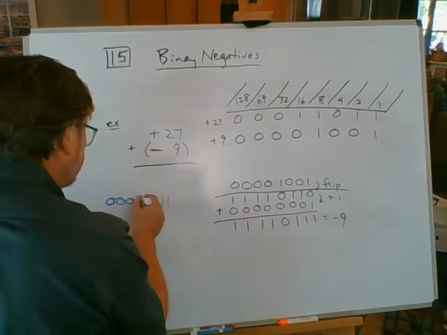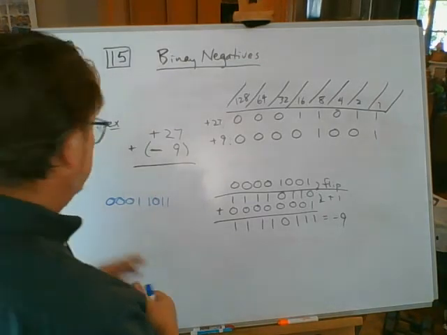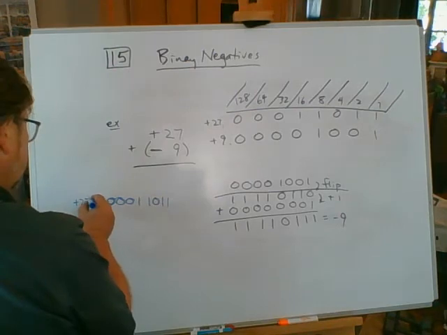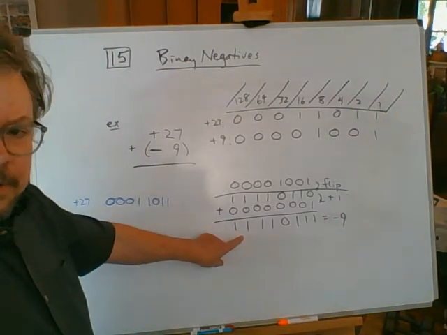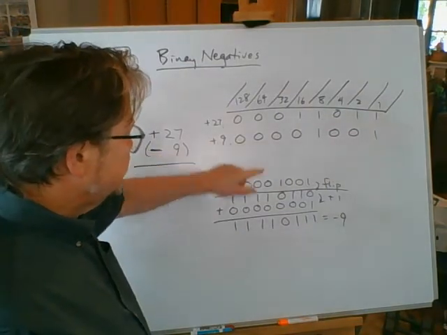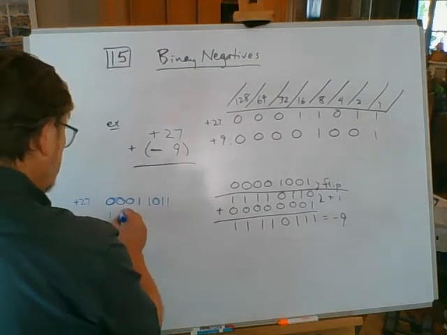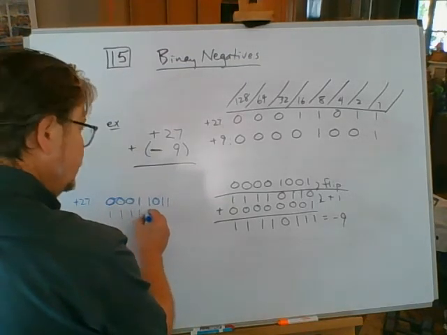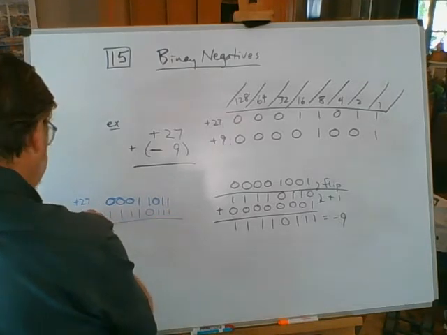That's better. There's positive 27. I'll label it as such. Here's negative 9. That's the one that caused us all the pain and suffering. To get the negative 9, remember we start with positive 9, flip the bits, add 1, and there we are. It should be this: 1, 1, 1, 1, 0, 1, 1, 1. Negative 9.